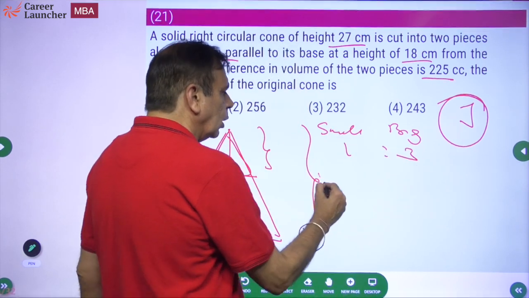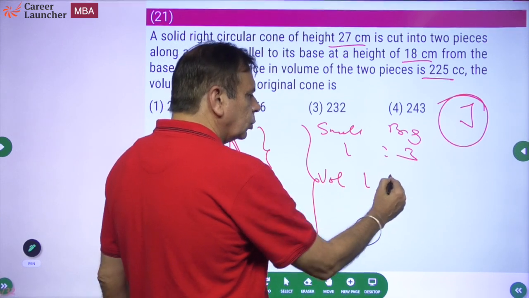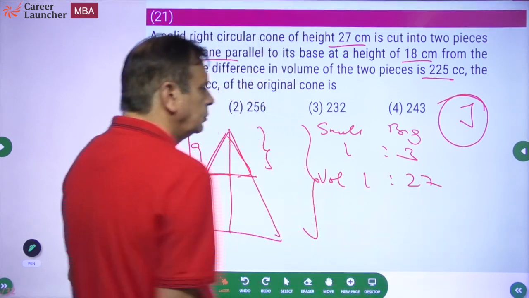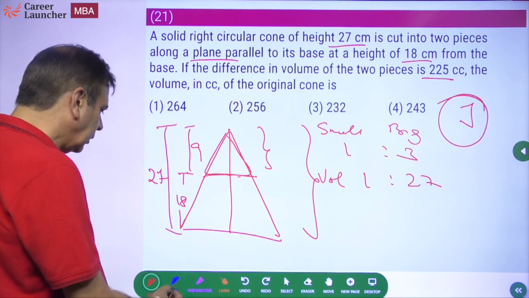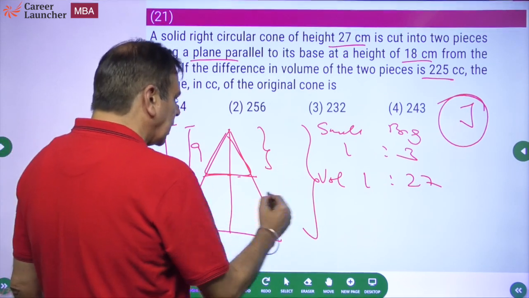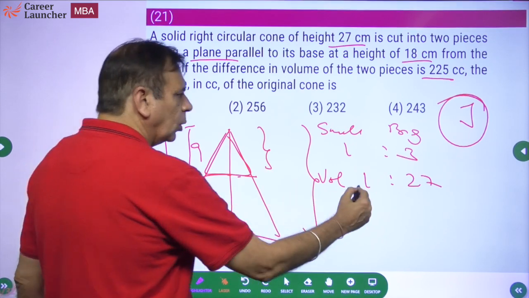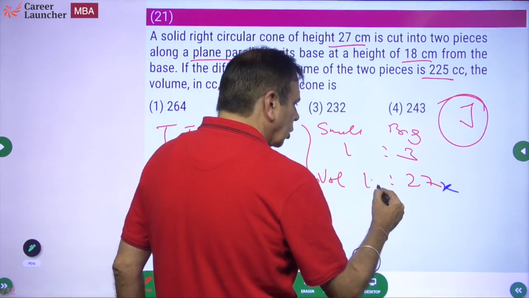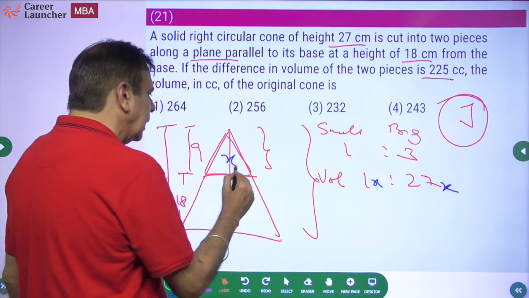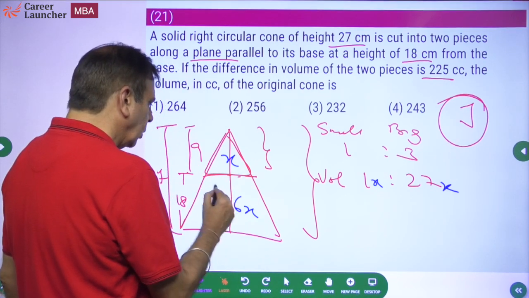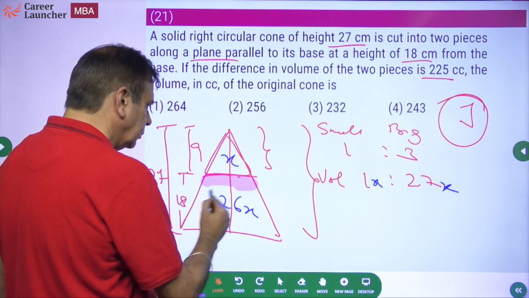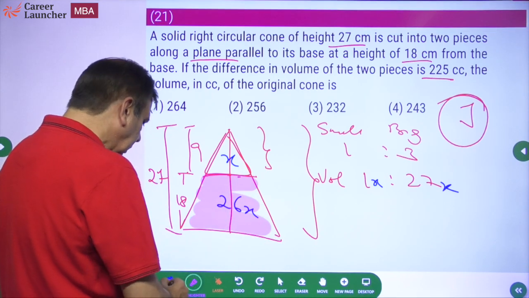So the ratio of volume will be 1 cube is to 3 cube, 1:27. What does that mean? If the volume of the big cone is 27x, the small cone will be x. So if this is x, this is going to be 26x. What is 26x? This portion. This is 26x.